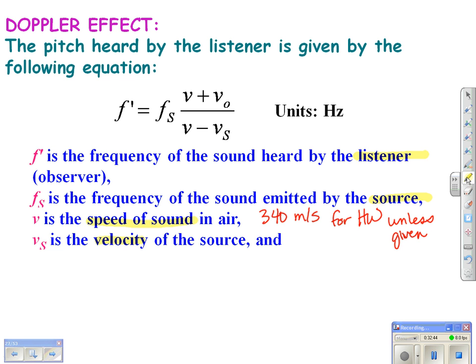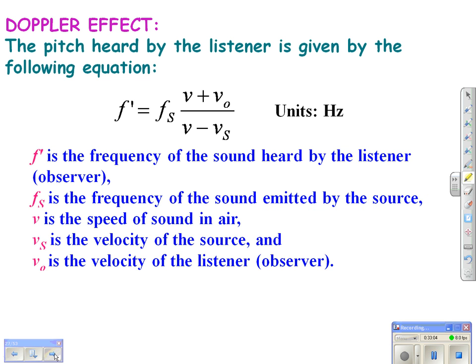Now, v_s is going to be the velocity of the source. So how fast is the object moving, like the ambulance or the fire truck? If it's a lighthouse making a foghorn, is that moving? No. So what would the velocity of the source be? 0. Then your v_o is going to be the velocity of your observer.